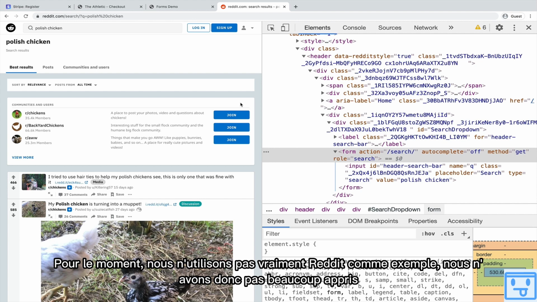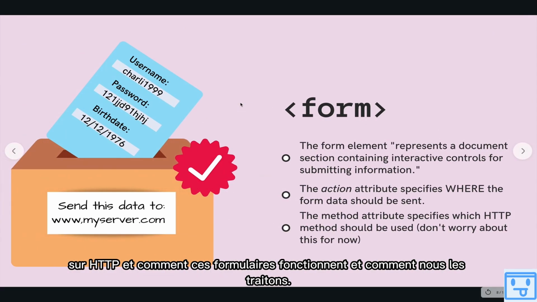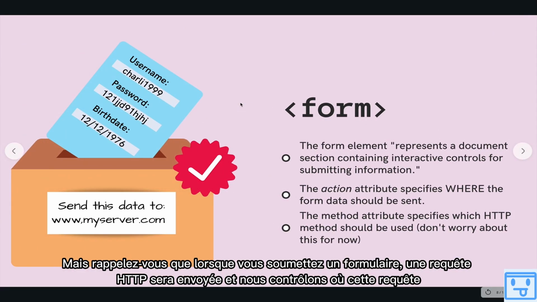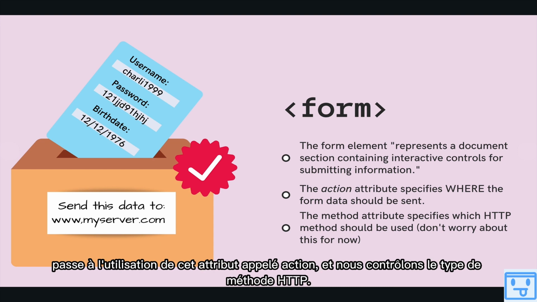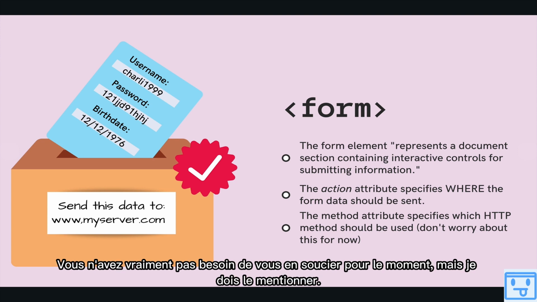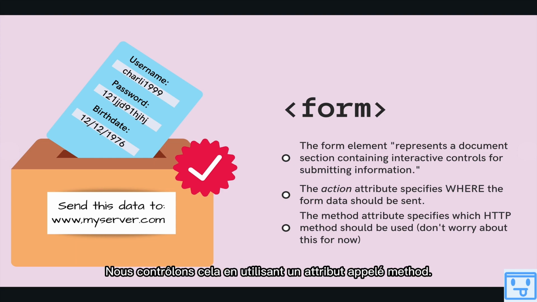So we haven't learned a whole lot about HTTP and how these forms work and how we handle them, but remember that when you submit a form, an HTTP request will be sent. And we control where that request goes using this attribute called action, and we control which type of HTTP method, you really don't need to care about that right now, but I need to mention it, using an attribute called method.